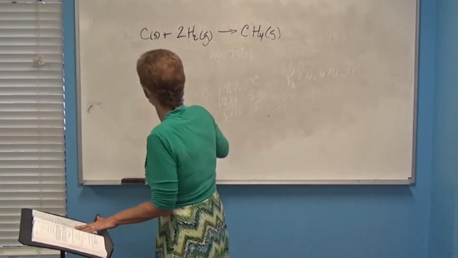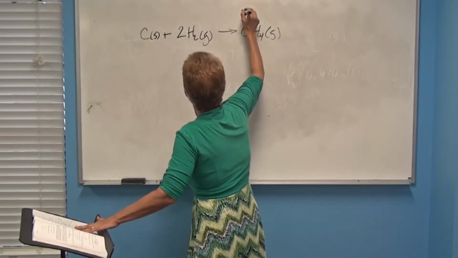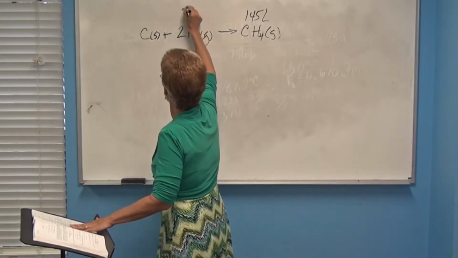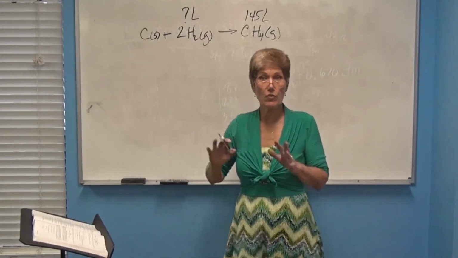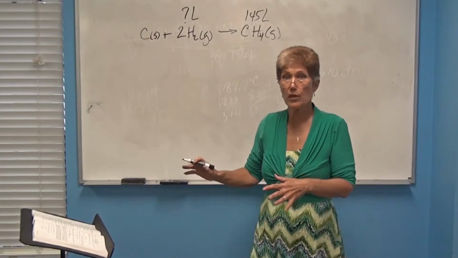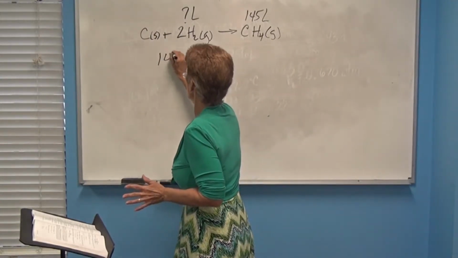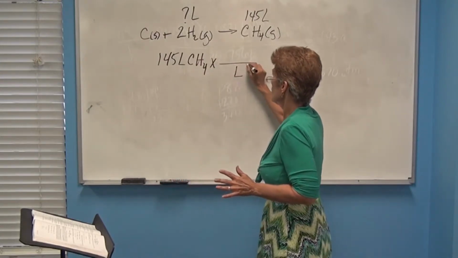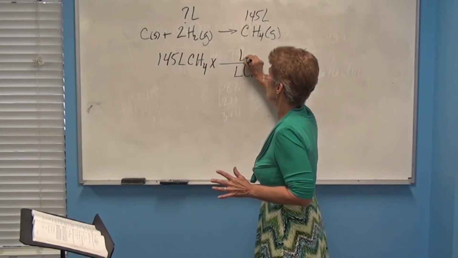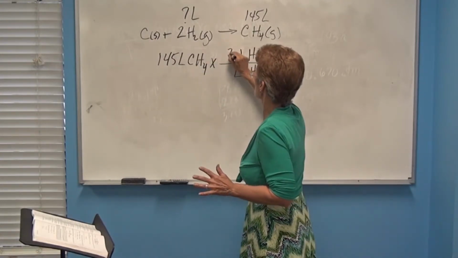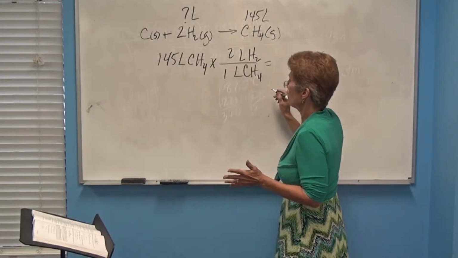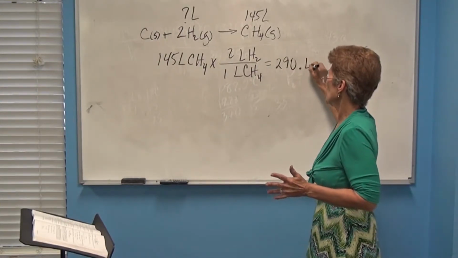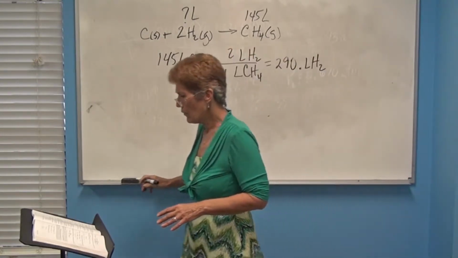And we are using 145 liters of this, and we want to know how many liters of this were necessary. Remember, you can just go back and forth like they were moles. So we're going to go 145 liters of methane times liters of methane to liters of hydrogen. There's 2 there, there's 1 here, and so it's just going to be 290 with 3 significant figures, liters of hydrogen gas.